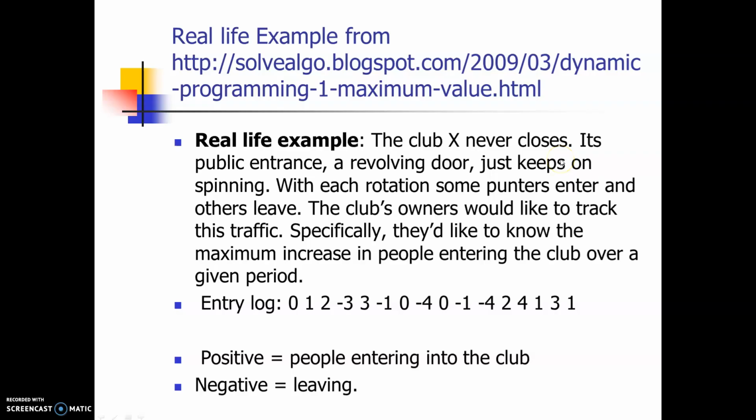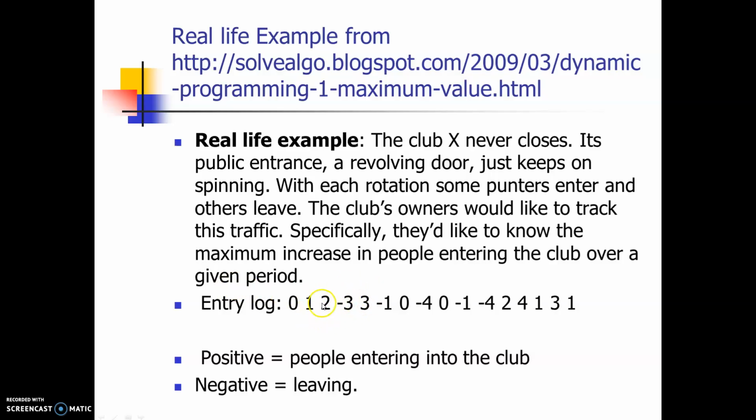The club usually has one entrance with a revolving door, so we can keep track of how many people go in and how many go out. We can set up a window of time, say 10 minutes, and keep track of how many come in and go out. If in 10 minutes one more person goes in, we get a positive value. In the next period, say a net of 3 people come out, and we find a negative value.